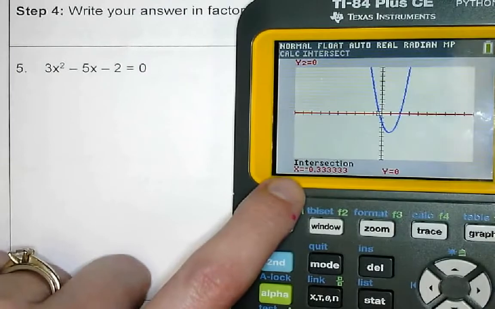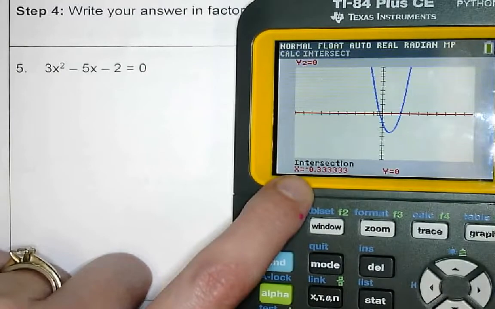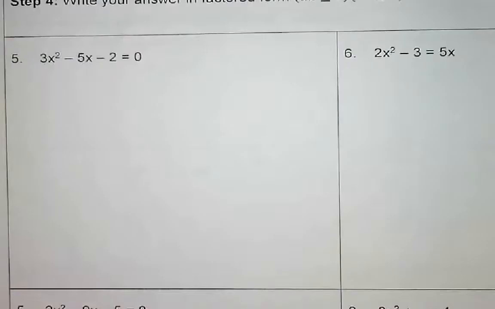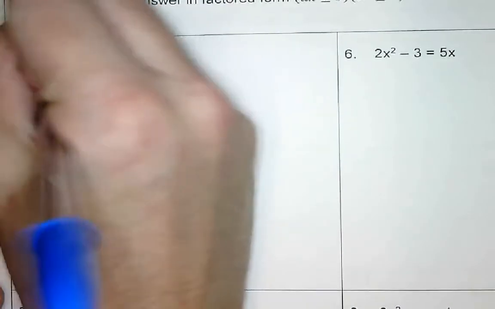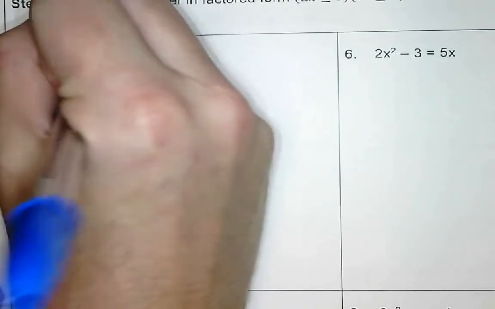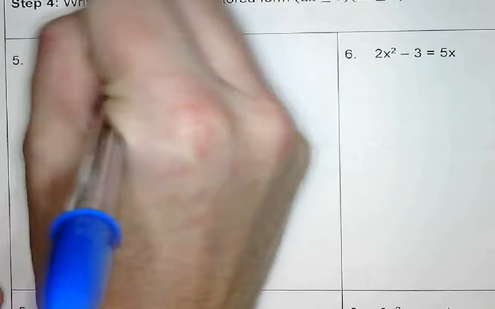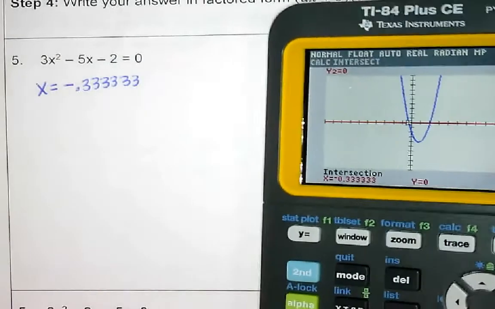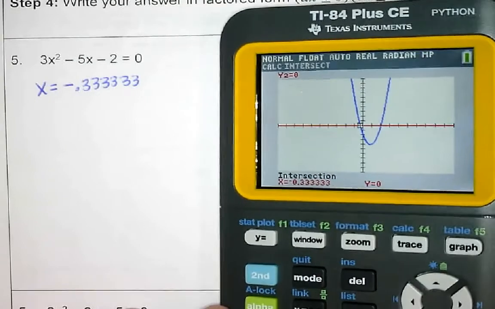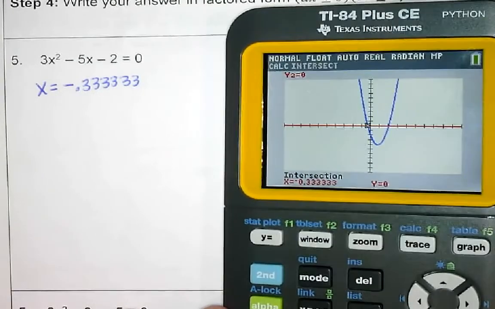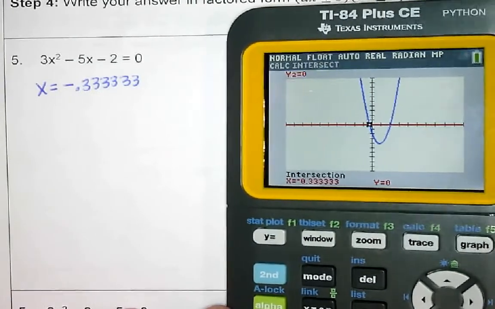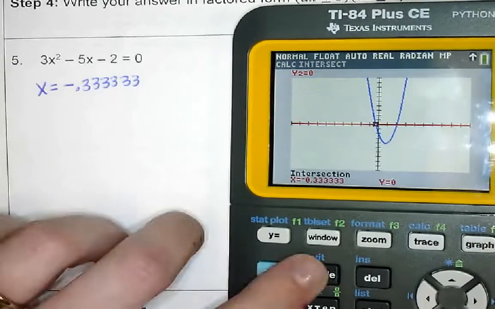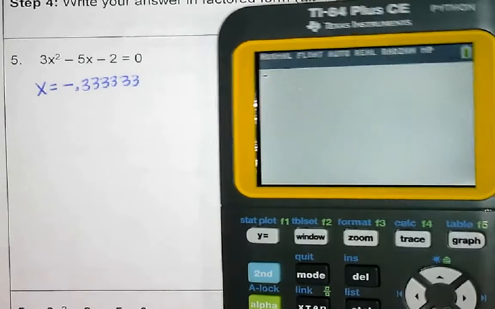We want to rewrite that as a fraction. If you cannot rewrite it as a fraction, it does not have factors. So I'm going to type negative 0.33333333. Even if you don't know this, you go math, enter, and it turns it into the fraction for you, which is negative 1/3. So I'm going to rewrite this as x equals negative 1/3.